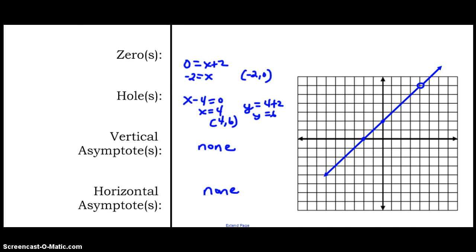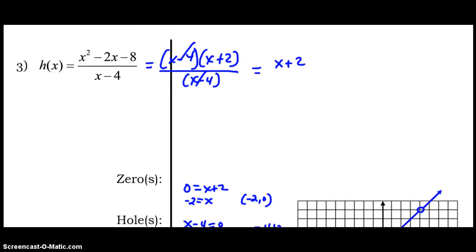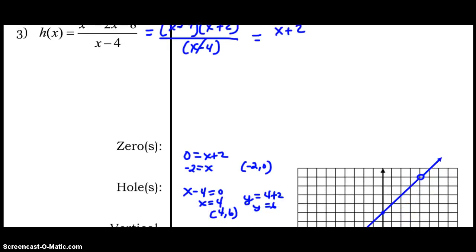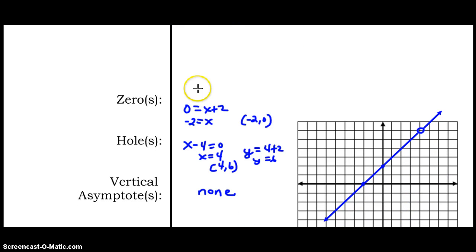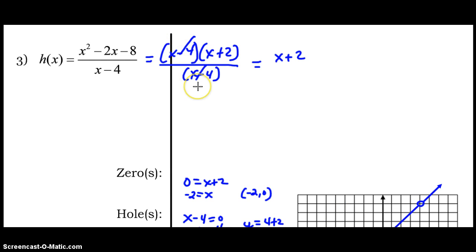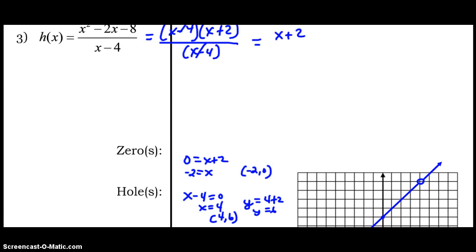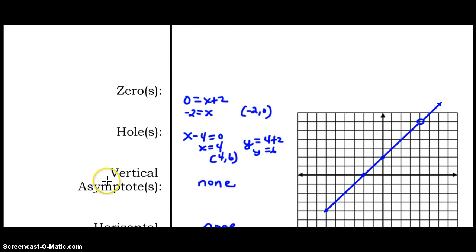Okay, so to find the zero, we set our numerator equal to 0 and solve for x. In this case, x plus 2 equals 0, and our zero would be negative 2, 0. Our hole, again, is the common factor, so we set that equal to 0 and solve for x. x minus 4 equals 0.